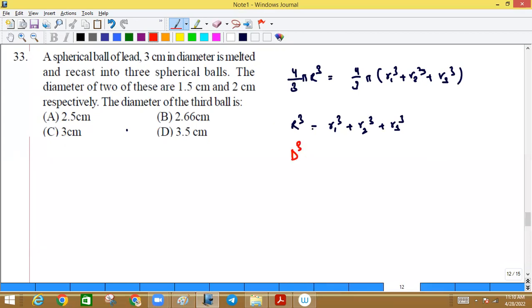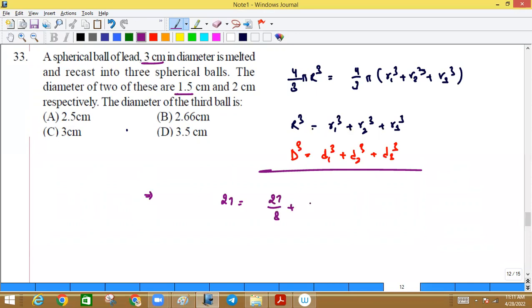Diameter cube is equal to D1 cube plus D2 cube plus D3 cube. Yes or no? Now, what is the diameter of the larger one? That is 27. It's equal to 1.5 means 3 by 2, 27 by 8. 2 cube means 8, D3 cube.